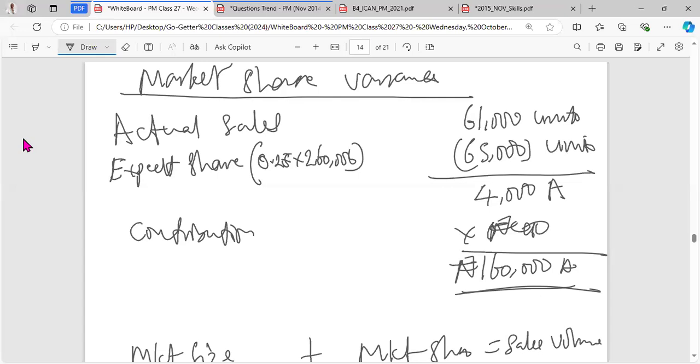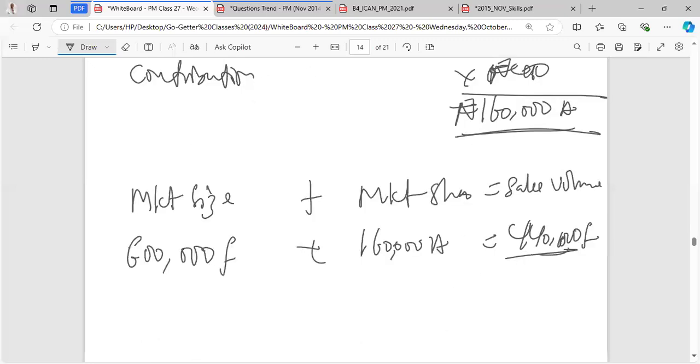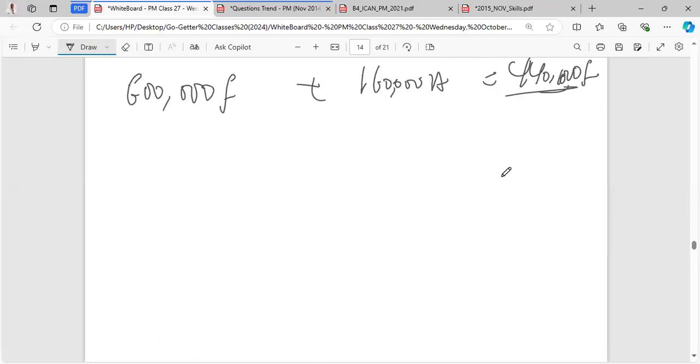But what did they sell? They sold 61,000. So that 65,000 becomes the expectation for them. It's like the standard for actual market size. So they have a shortfall of 4,000. Multiplying it by the contribution of 40 naira becomes 160,000 adverse. So adding the adverse market share with the market size favorable gives us the sales volume of 440,000.